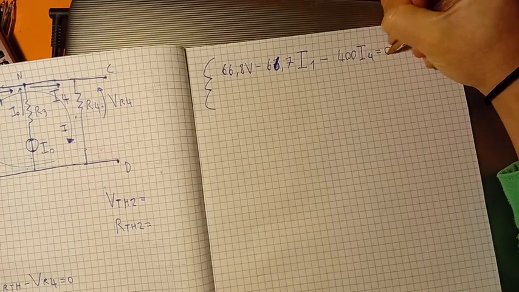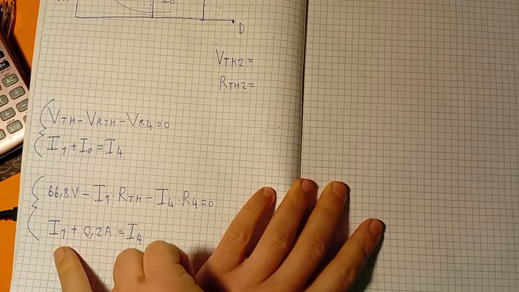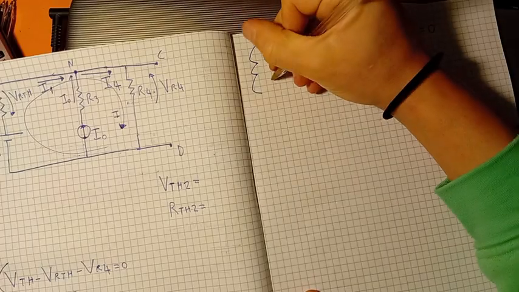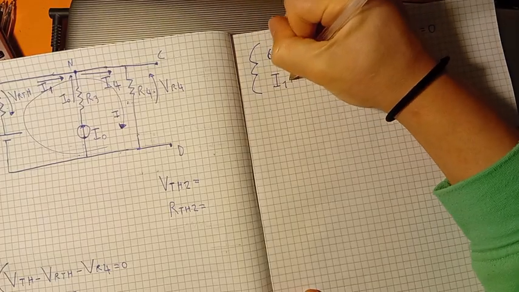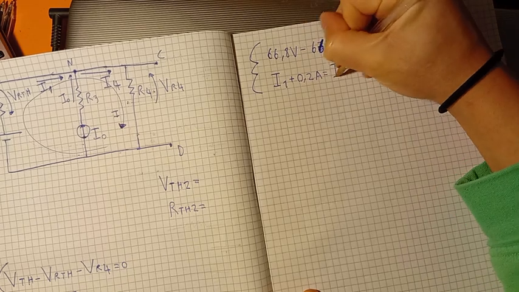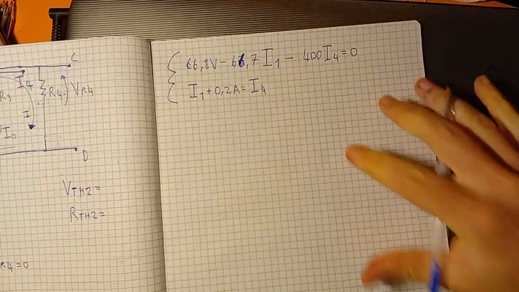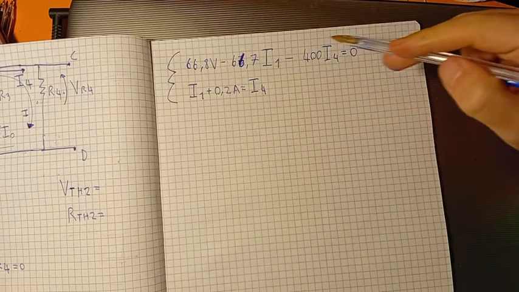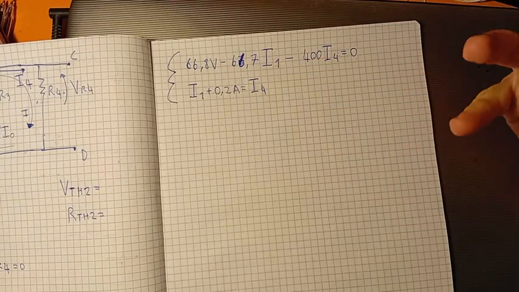Well, all of this is equal to 0, and the second equation is I1 plus 0.2 is equal to I4. Okay, this is our Kirchhoff equation now. Two equations, two unknown terms, so we can find them.